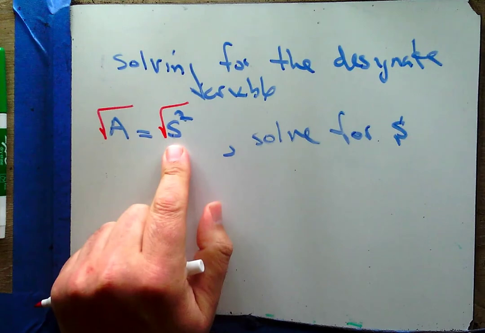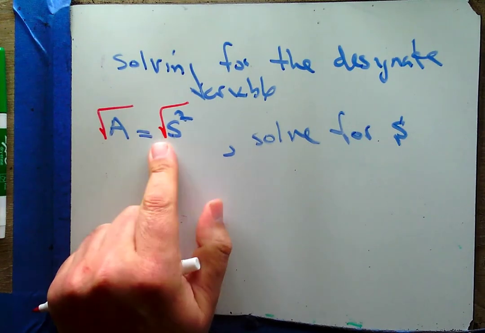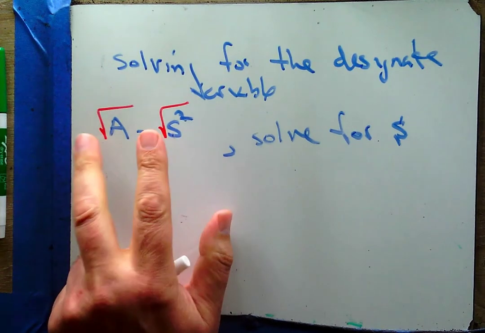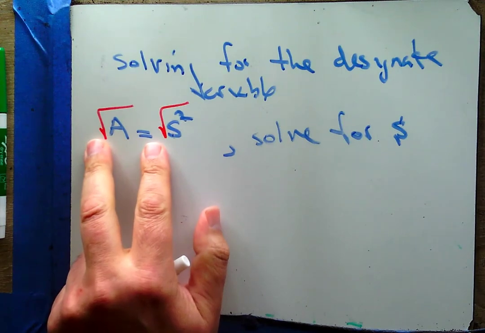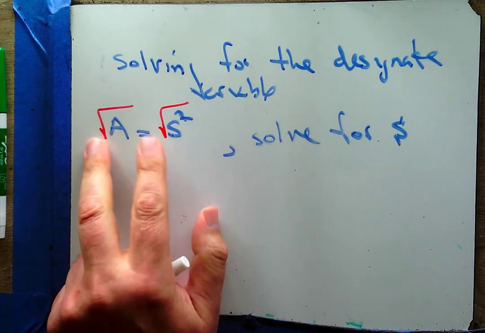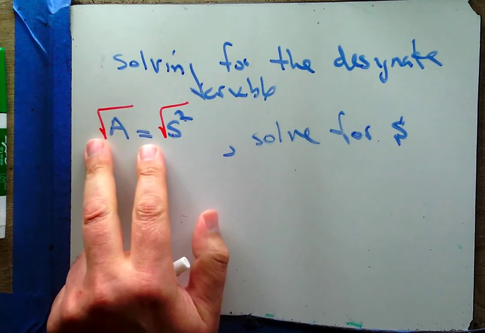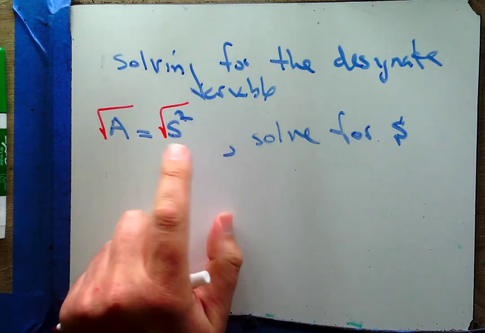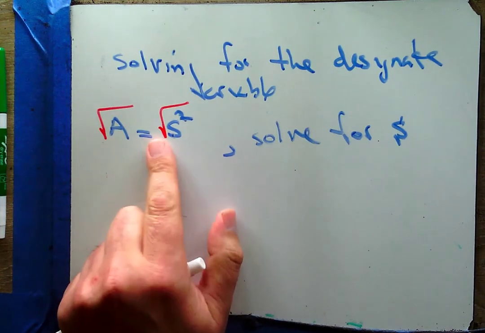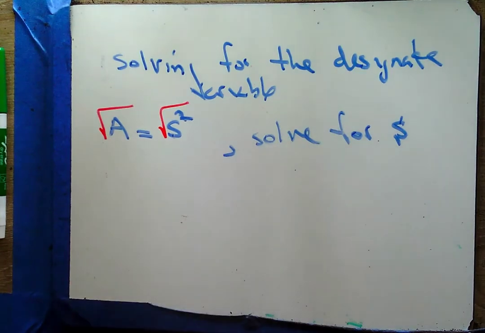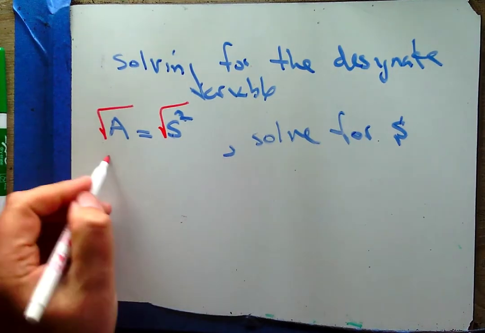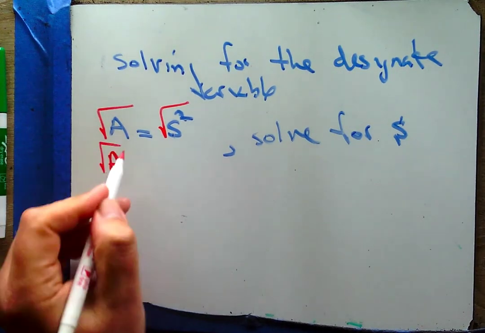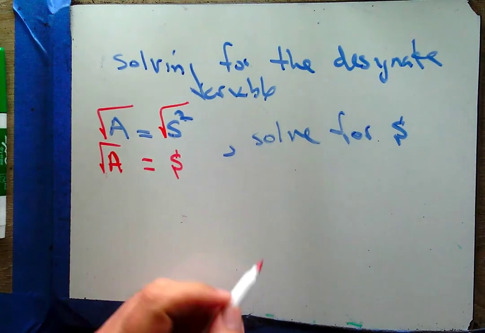And since the side length is always positive, I won't, even though I normally nag you about, hey, if you're taking the square root of both sides, make sure you put the plus and minus down. Yeah, I'm not going to have a plus and minus here because it doesn't make sense to have a negative area or a negative side length. So I'm going to end up with the square root of A equals s.